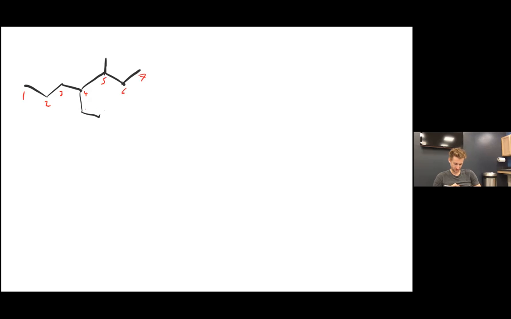So this is going to be longer. If we tried to branch and put 6 up here, that'd still be shorter. So 7 is going to be our longest chain. Our prefix for 7 is hept. This is a heptane.